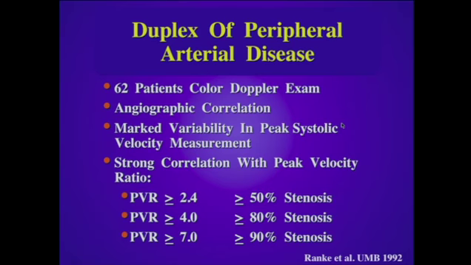A peak velocity ratio of at least 2.4 was consistent with about a 50% stenosis. A ratio greater than 4 to 1 was consistent with approximately 80% stenosis, and a ratio of 7 to 1 correlated with approximately 90% or greater stenosis.